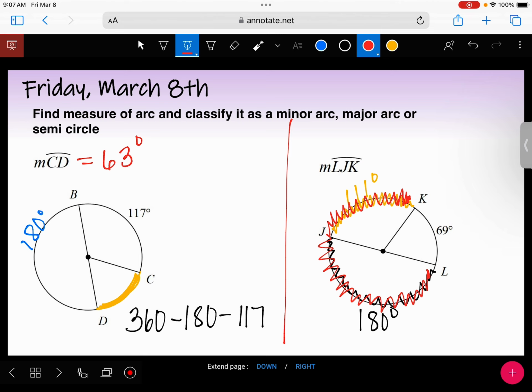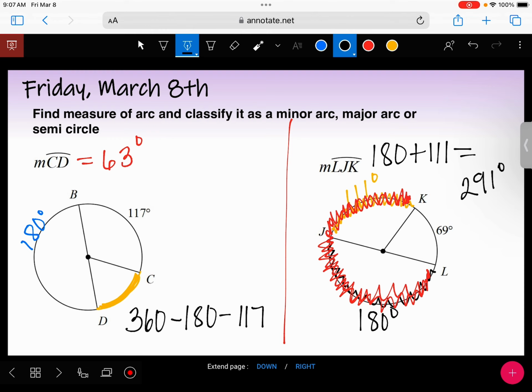So it's the whole thing that you see that I'm trying to scribble in red here. So to figure out the measurement of that whole arc, we have to take 180 plus 111. So go ahead and add 180 plus 111. And we should get 291 degrees.